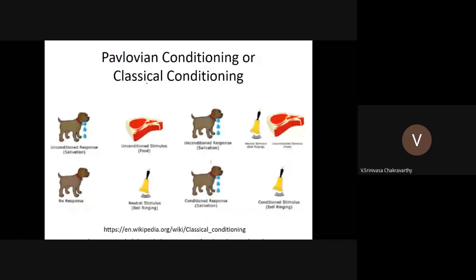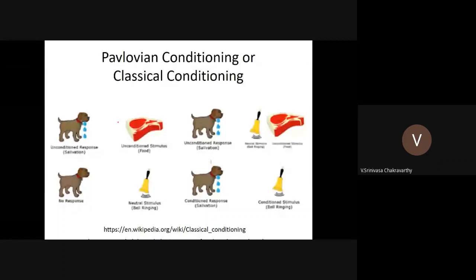So Pavlov's dog experiment goes something like this. Originally he was not studying learning in animals or anything like that. That was not Pavlov's objective. He was studying how digestion works in animals. But accidentally, some of the experiments led to some very interesting experiments in learning. So Pavlov became famous for his learning experiments and not for his work on digestion.